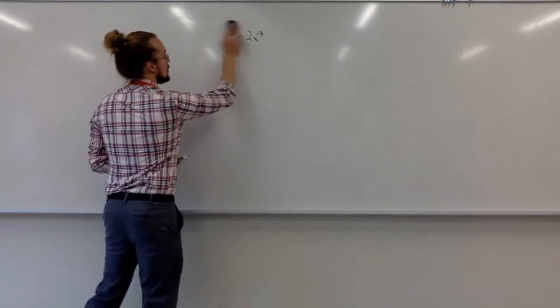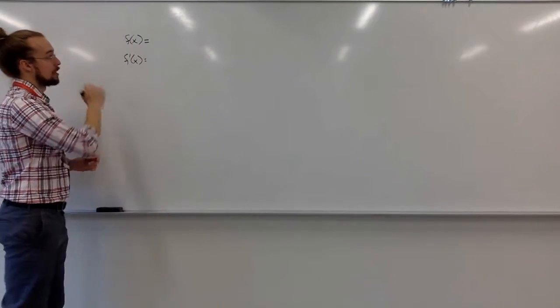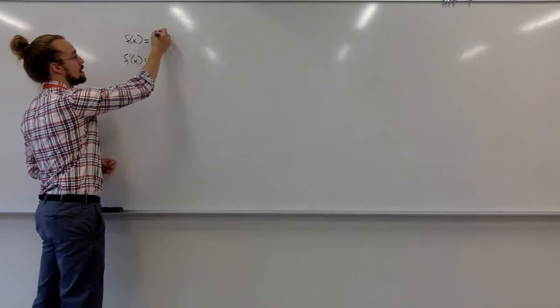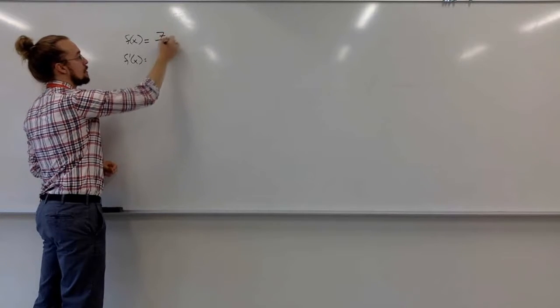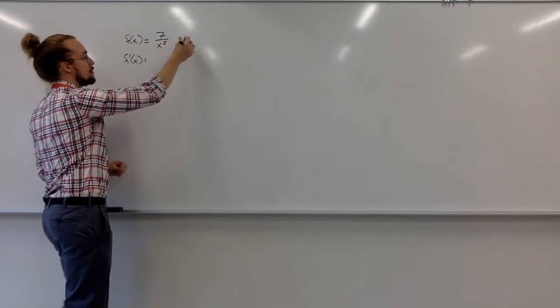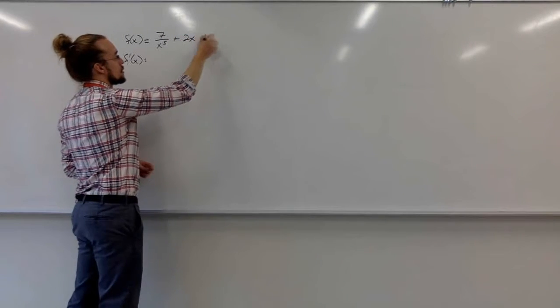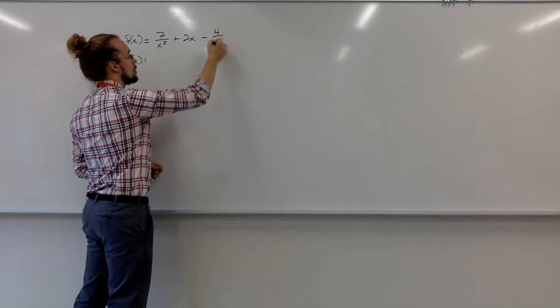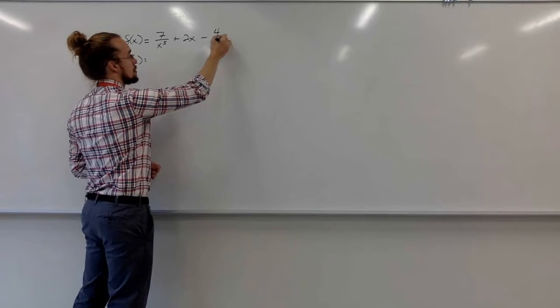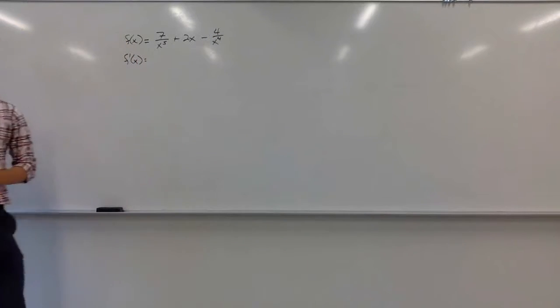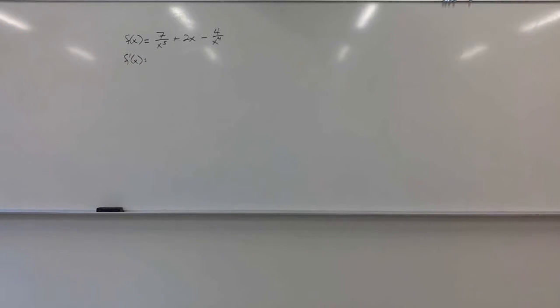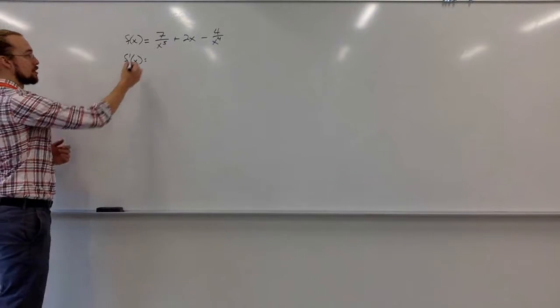How about 7 over x to the 5th plus 2x minus 4 over x to the 4th. First, before you take the derivative, rewrite it using negative exponents. Then take the derivative.